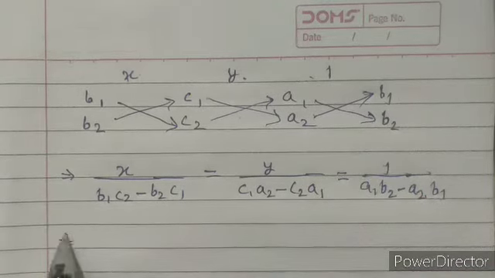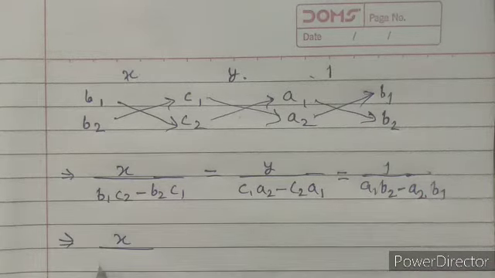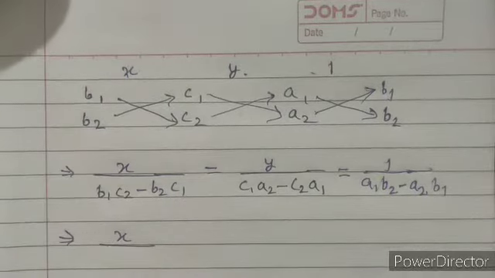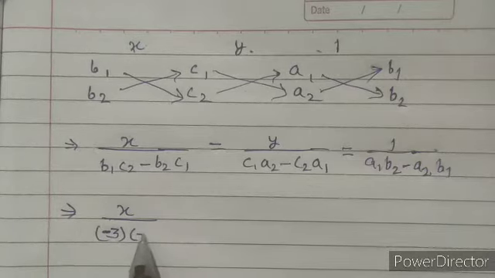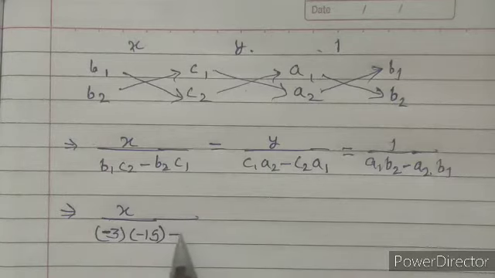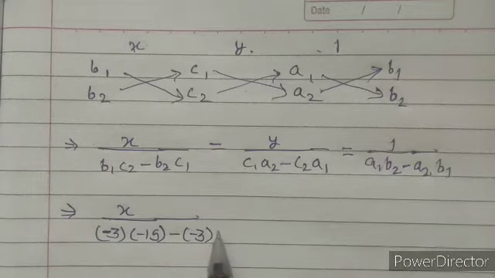Now we will put the values of a1, b1, c1 and a2, b2, c2. Now in this question, the value of b1 was minus 3, c2 was minus 15, b2 was minus 3, and c1 was minus 7.